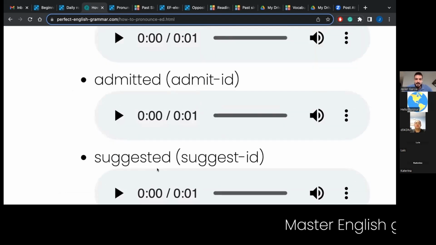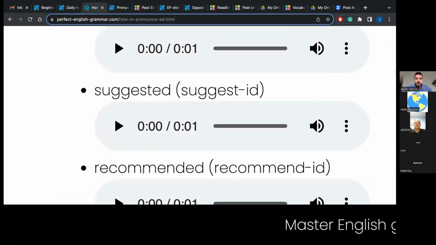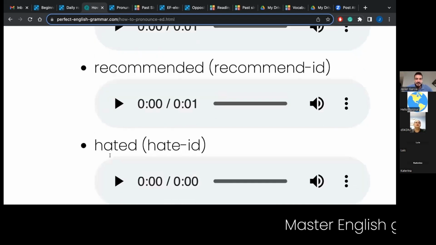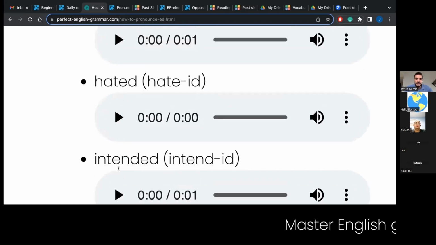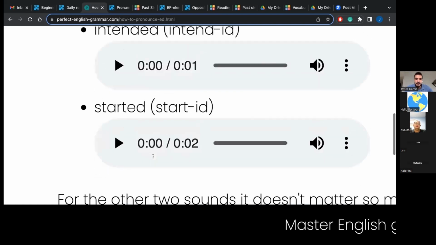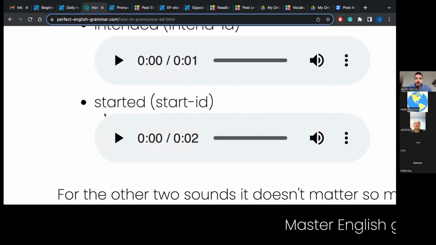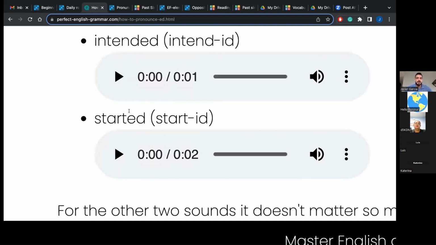Suggested. Recommended. Very good. Hated. Intended. And last, started. Okay, so very good.